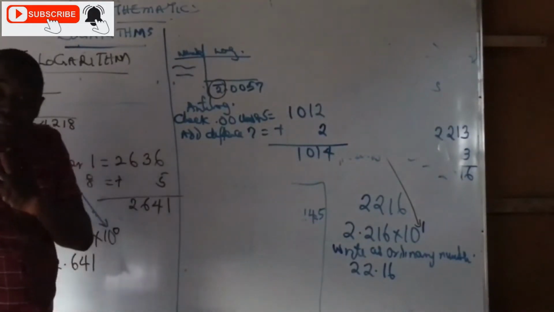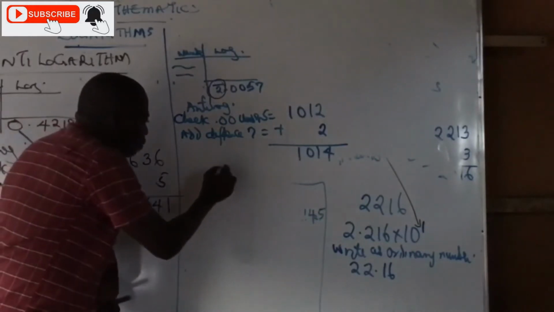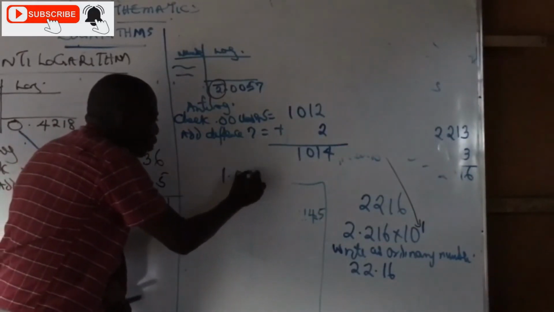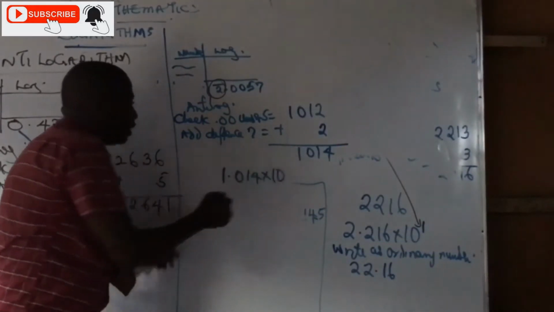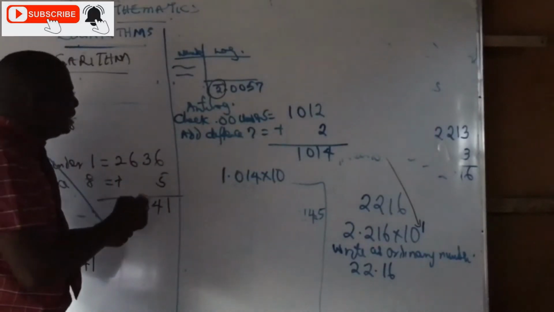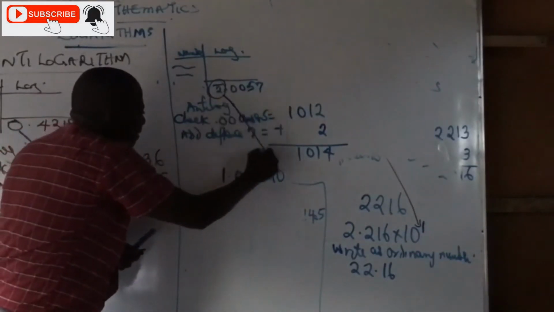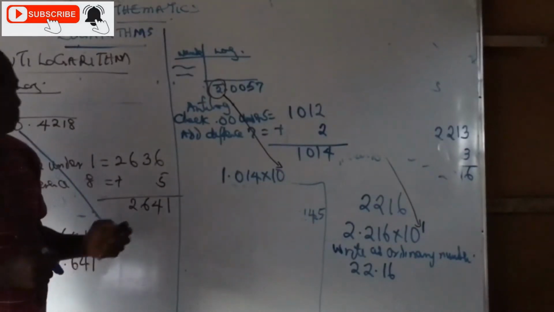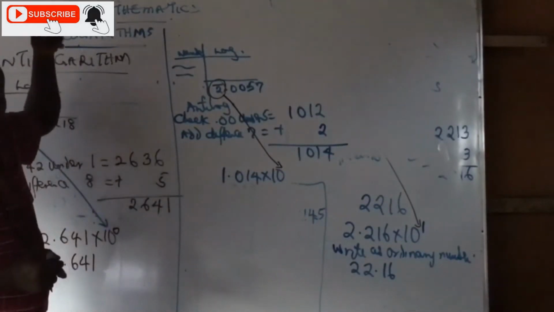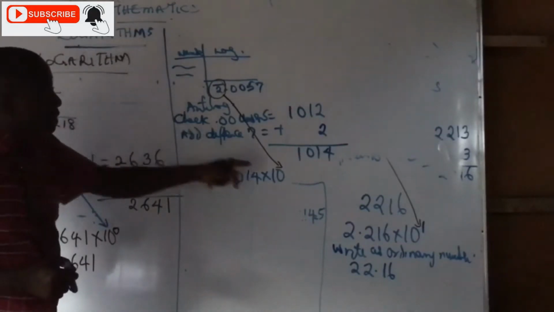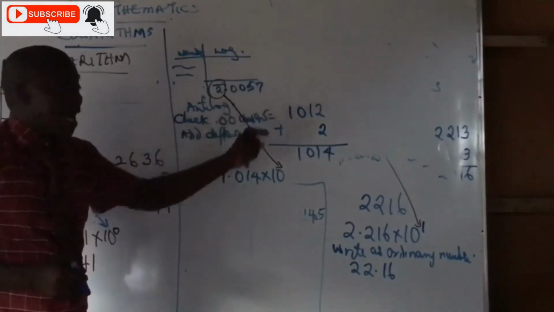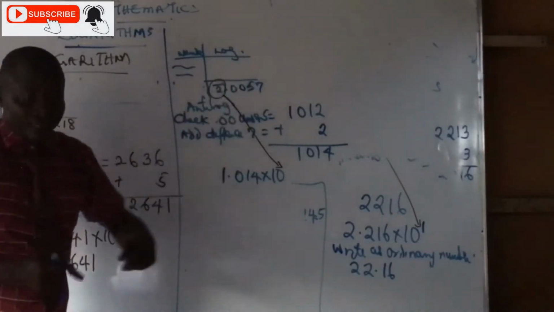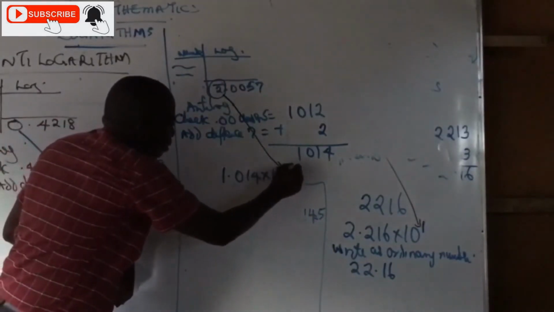Then the number will be written in standard form. To write the number in standard form, it is 1.014 times 10 raised to power, what is the excess here? The excess here will be bar 2. When it is negative, we write it as bar, and when it is bar, we write it as negative, minus 2.